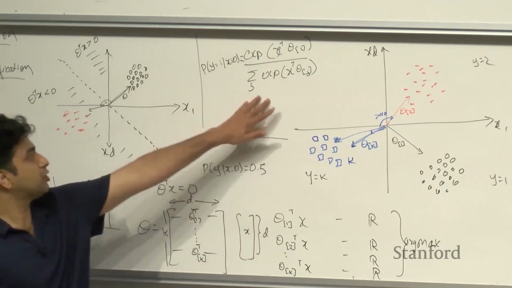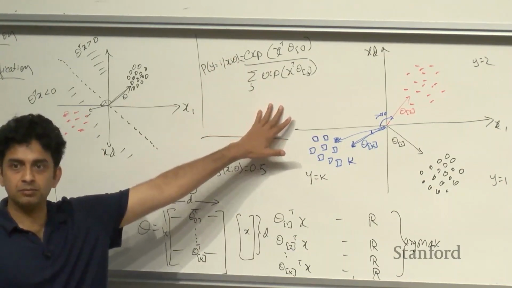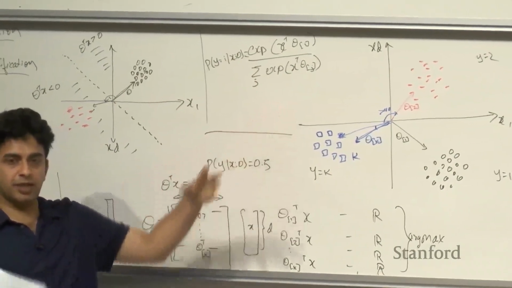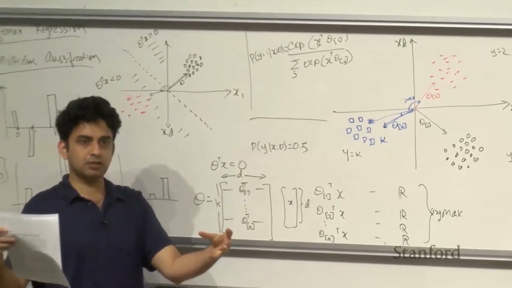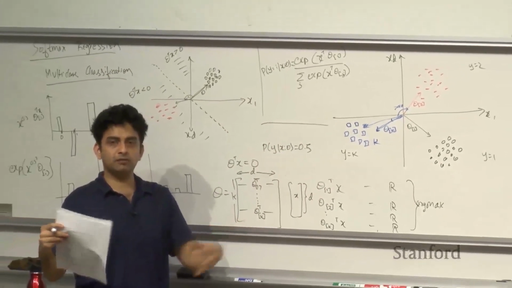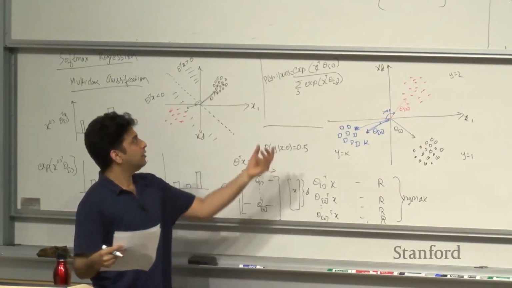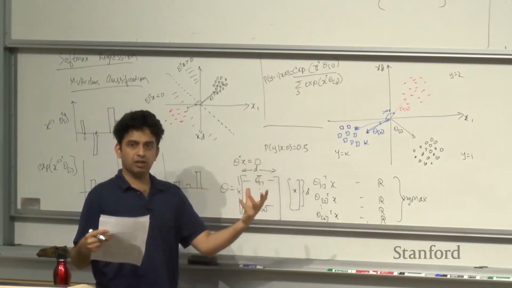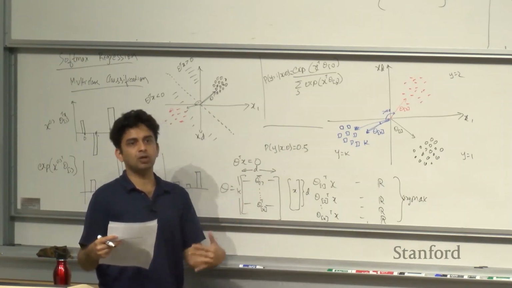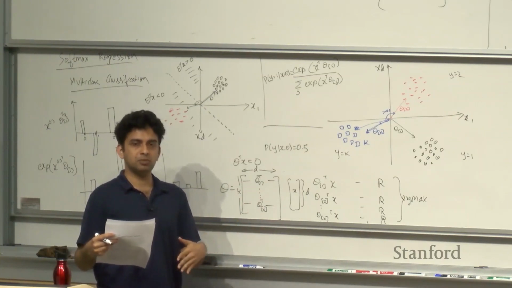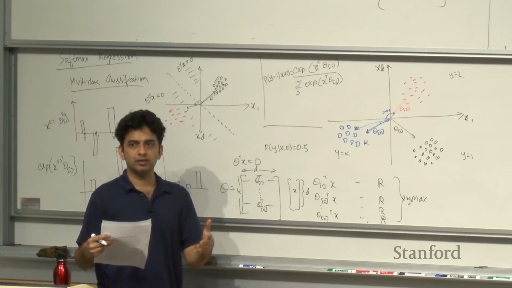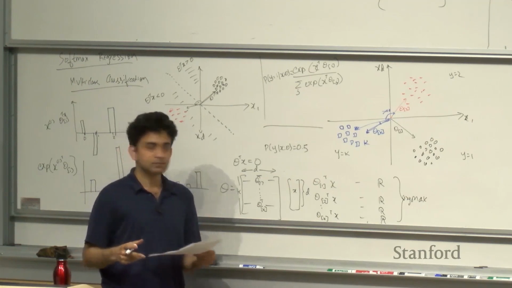And this function is called the softmax function, right? The softmax function takes a set of real valued scalars and converts them into a probability distribution, where the larger valued scalars will have a higher probability, the smaller valued scalars will have a smaller probability, and they all add up to 1. That's the softmax function.